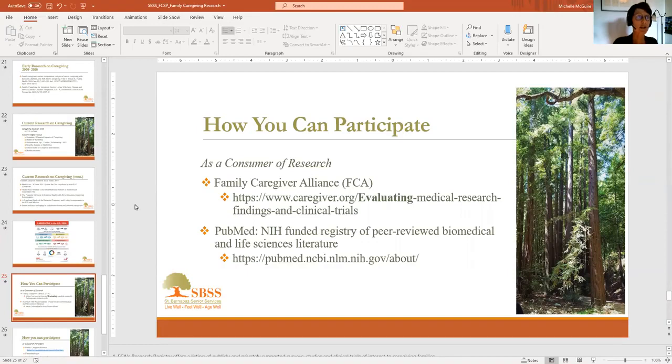And then PubMed, I think I mentioned before, is an NIH-funded registry of peer-reviewed biomedical and life sciences literature. It goes back as far as possible. That's where I got all the titles, all the research mentioned here came from PubMed, and I included the link there. You can go there and search, and you can read how to evaluate medical research, and you can go and read your own.